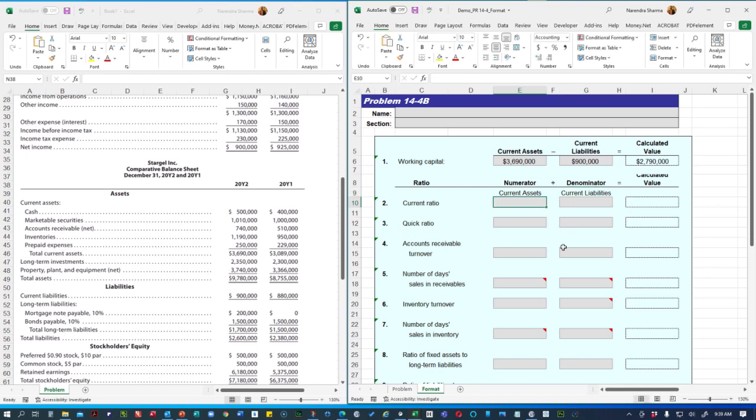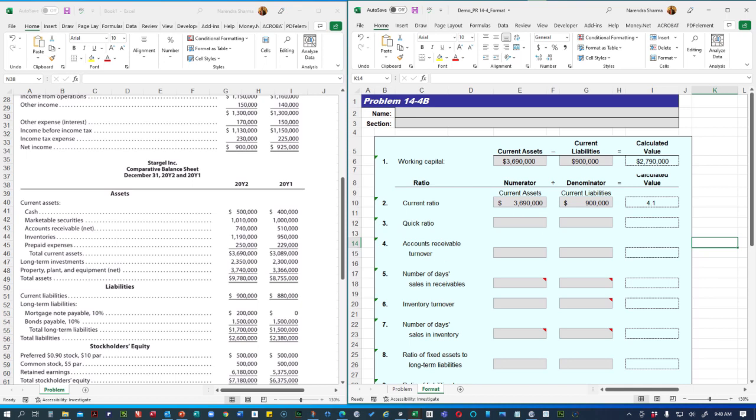Okay, so current assets we just found out to be 3,690,000, and current liabilities are 900,000. So therefore your ratio is going to be this divided by this figure. So that will give you 4.1. So that's your current ratio, and anything above 2 is good. So we are happy with that ratio.